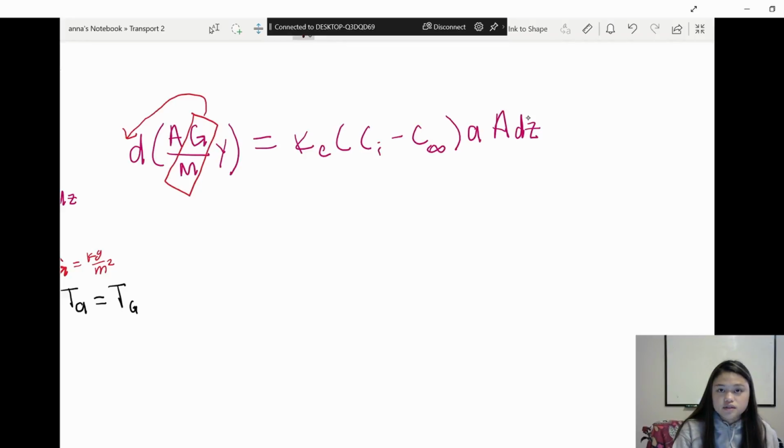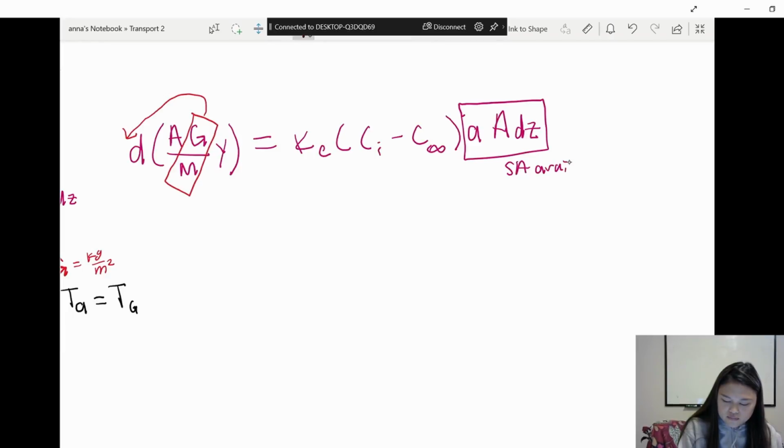So this is going to be the differential volume right here. The combination of these three variables gives us the surface area that's available. So that's how much interfacial area is available between the air and the water.